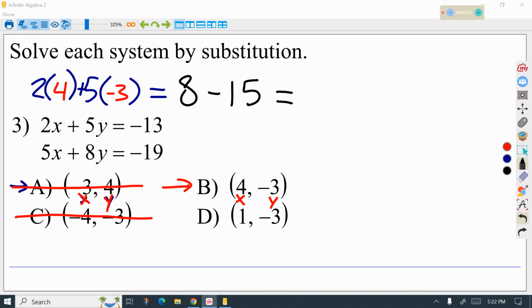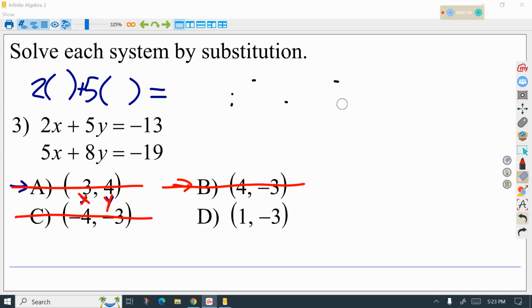So we got 8 minus 15. And that's going to give us negative 7. And negative 7 is definitely not equal to negative 13, so that means I can cross out this one too. And that leaves me only with option D. So we'll do that one just to verify, and then we'll double check both of them. But when you're running out of time on the test, you have to make a selection. So sometimes if you can at least bring it down to a 50-50, you can take that home and at least hope that you were right.